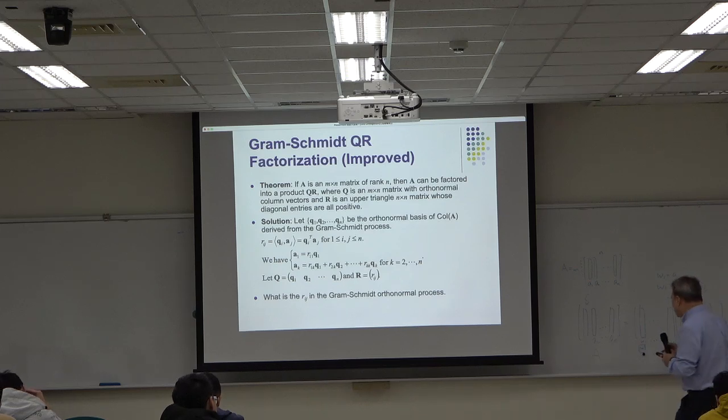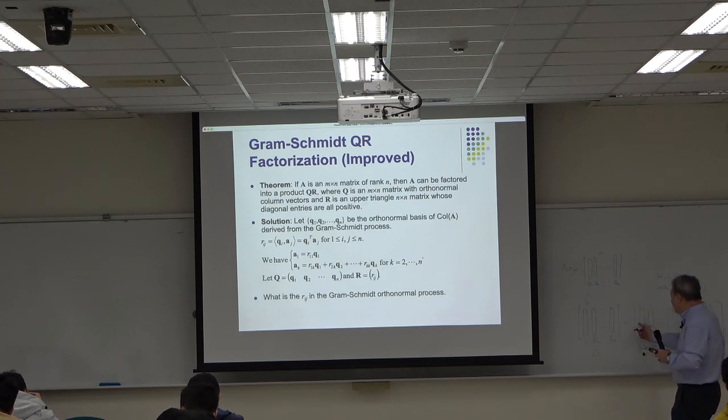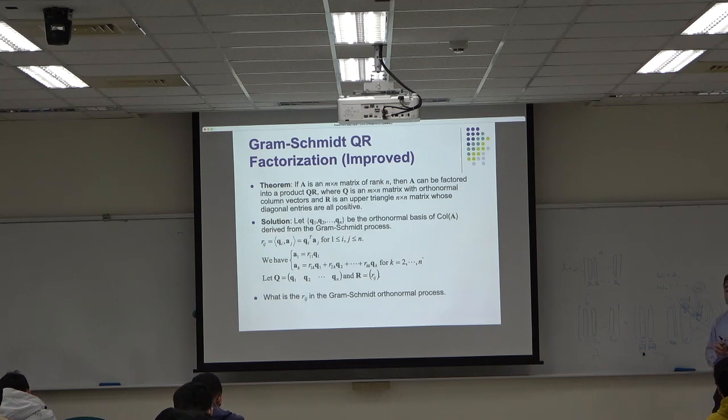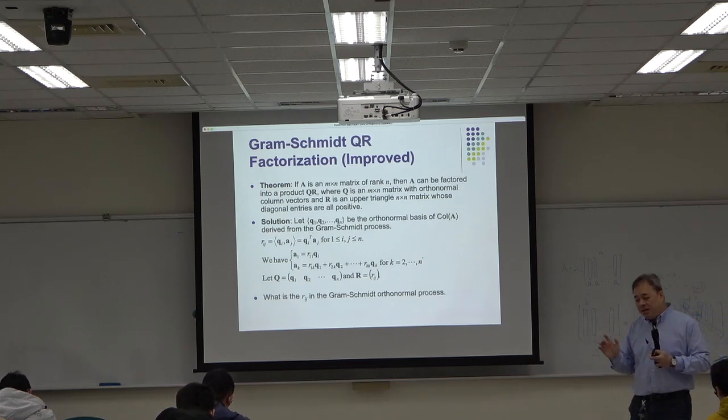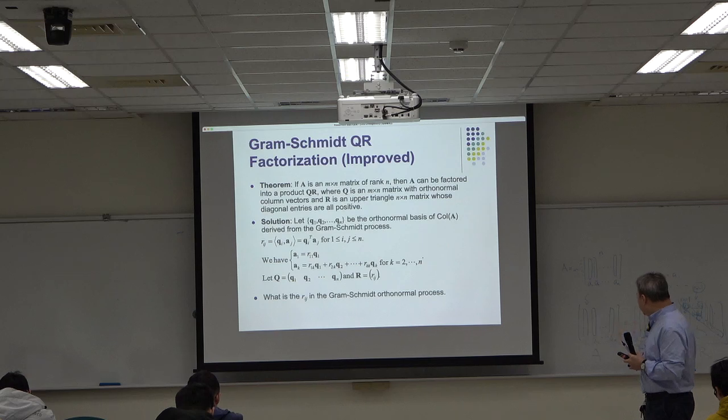Because you have to divide W2 by the norm of W2, since you want to make this Q matrix consist of column vectors that are orthonormal.